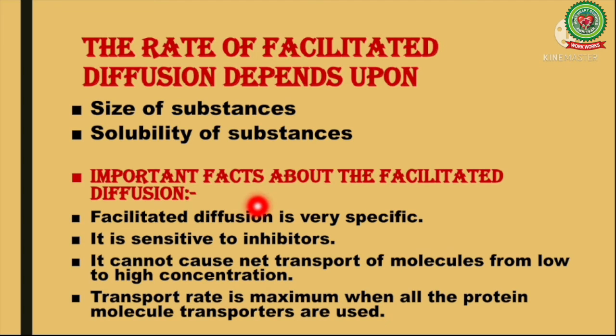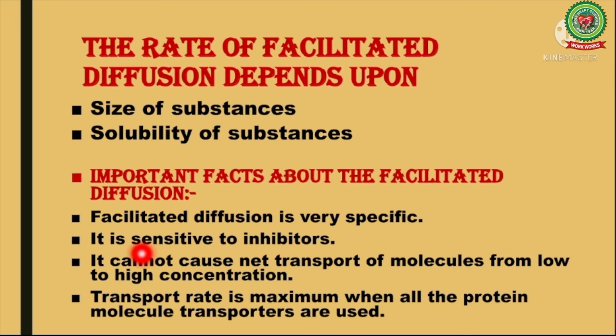Some important facts about facilitated diffusion. First, facilitated diffusion is very specific. It allows the cells to select specific substances only for uptake. The second one is it is sensitive to inhibitors, as the inhibitors react with protein side chains and make the protein carriers inactive.